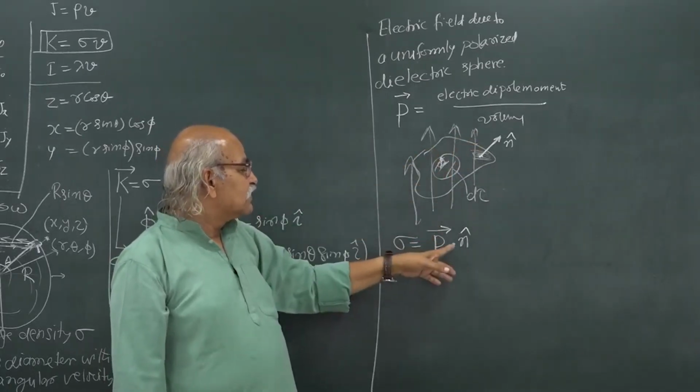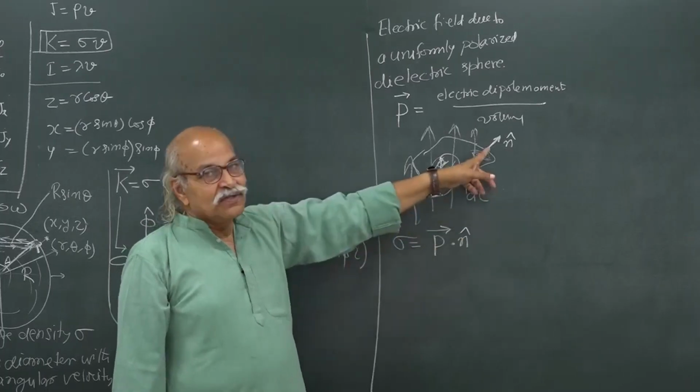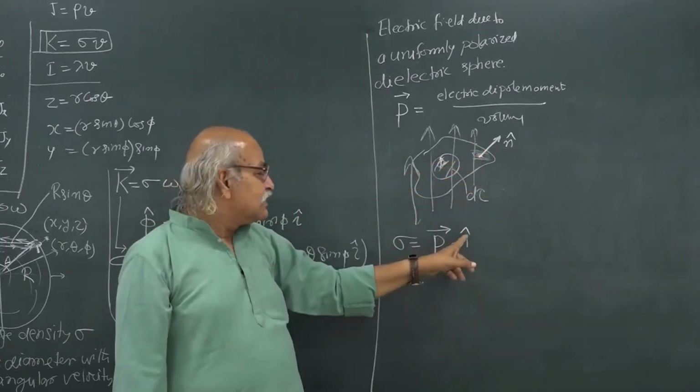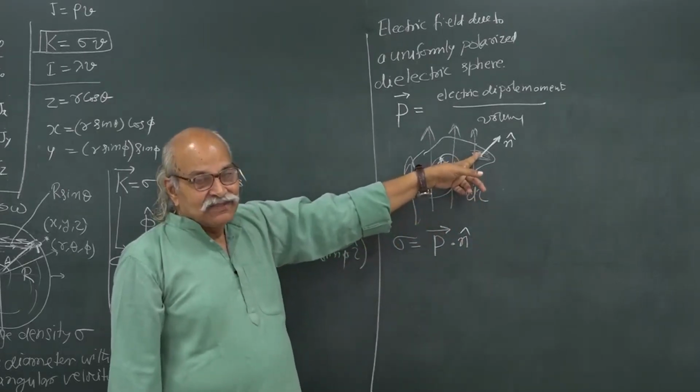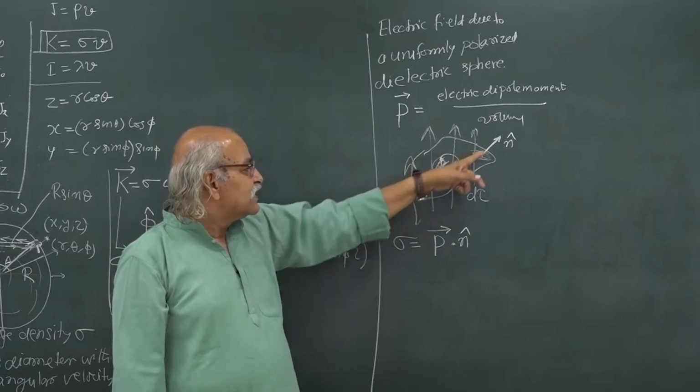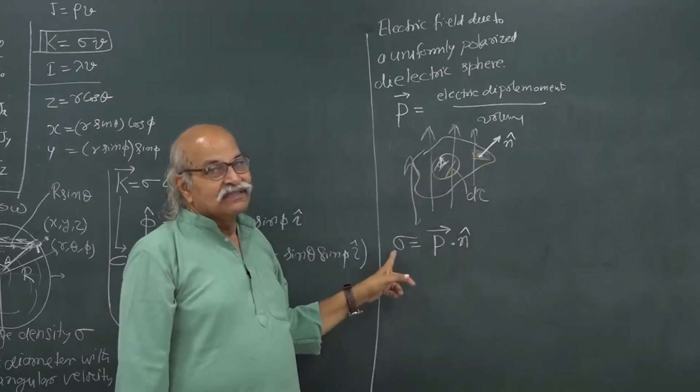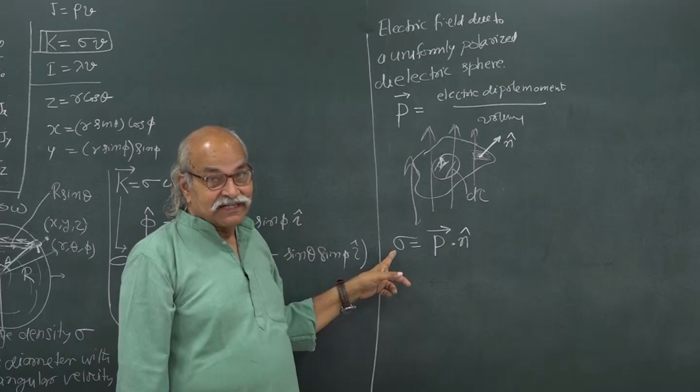So, that P vector dot product with this outward normal unit vector, that is the surface charge density sigma that will appear here. So, at different places you will have different n cap, and therefore the charge density will be different.